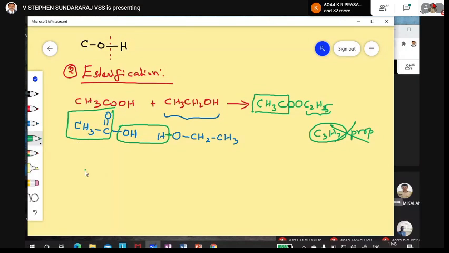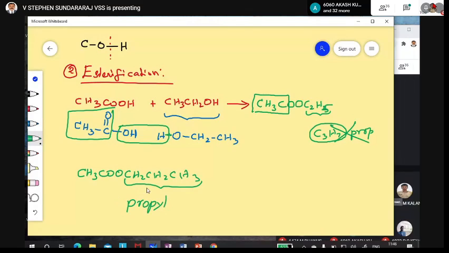So what is the IUPAC name of CH3COOCH2CH2CH3? Tell me. Here you have to say this is a propyl group, secondary prefix; n and all will not come. Propyl is understood in a straight line.